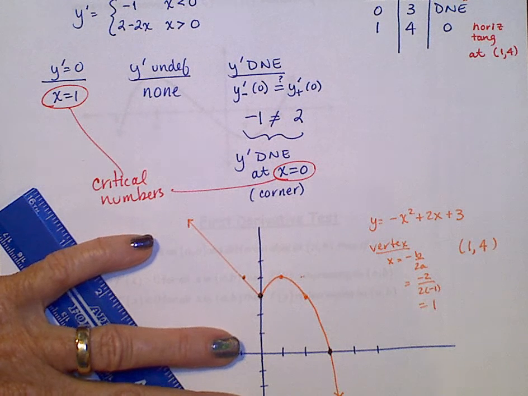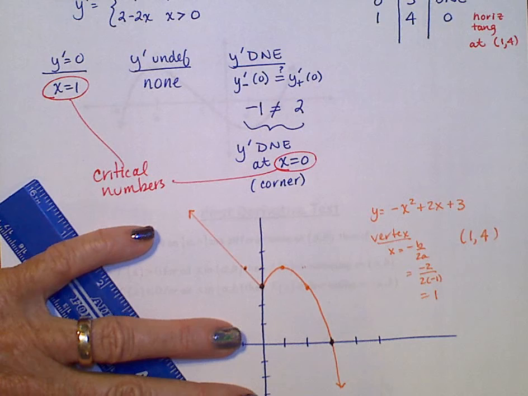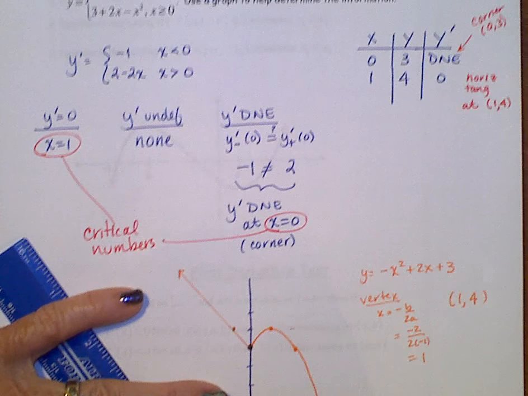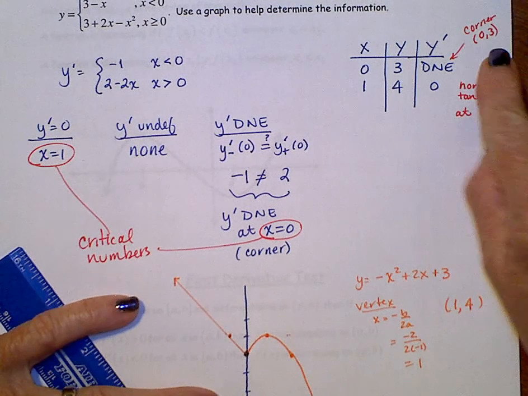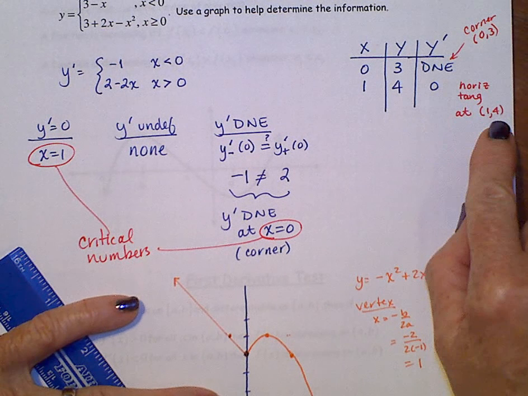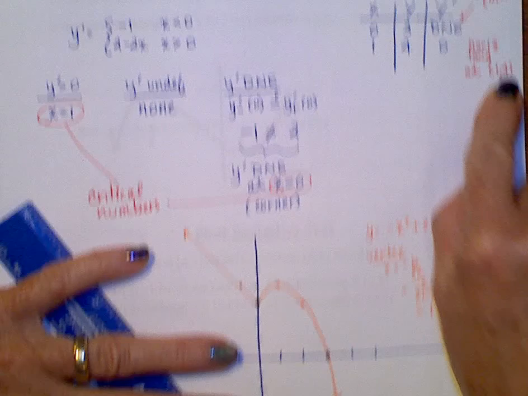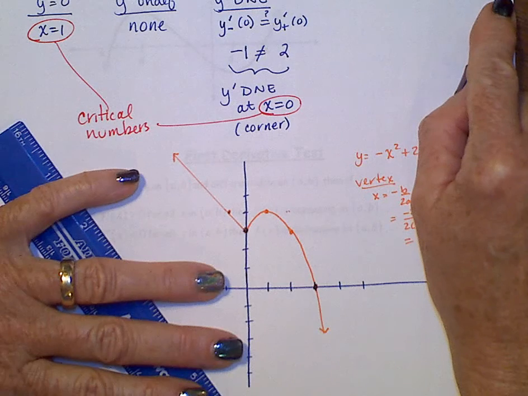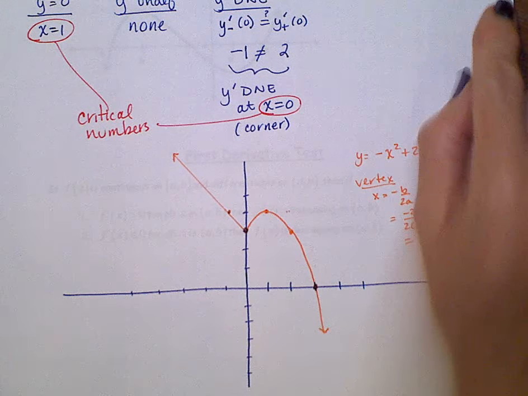And there's our graph. Are we seeing what we thought we were going to see? Do we have a corner at the point 0, 3? We do. Do we have a horizontal tangent at the point 1, 4? We do. Awesome. All right, last bit. Identify the extreme values.